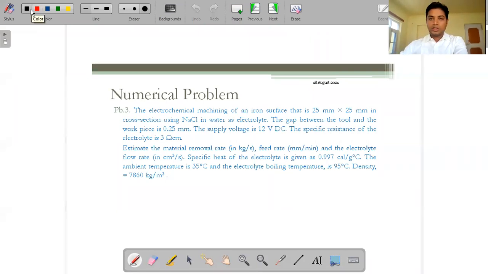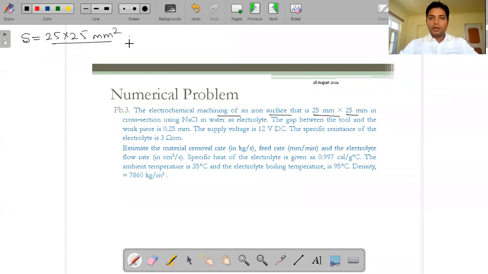The problem is from the book only. The electrochemical machining of an iron surface of 25 by 25 cross section, so the surface area S is given to you, that is 25 into 25 square.